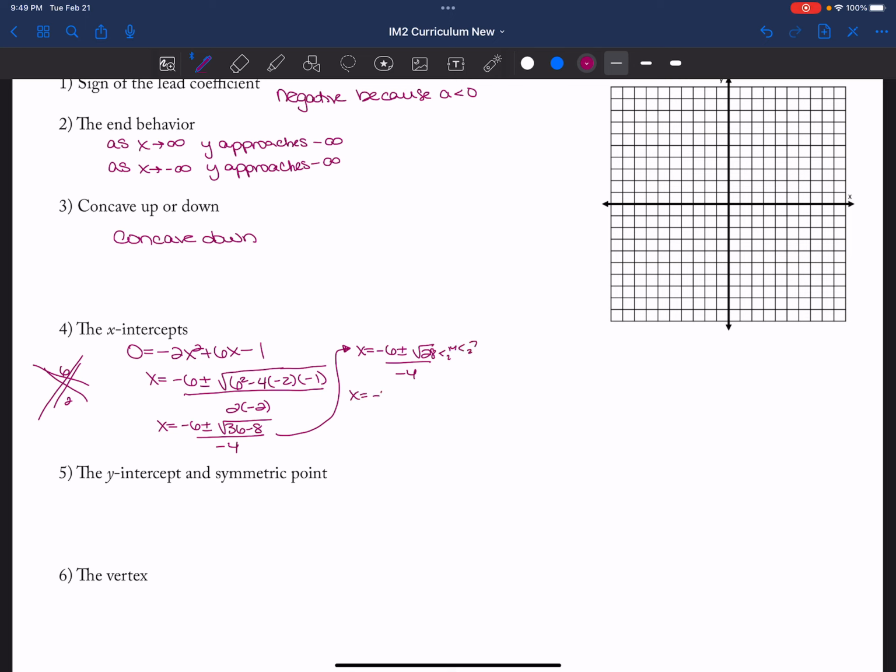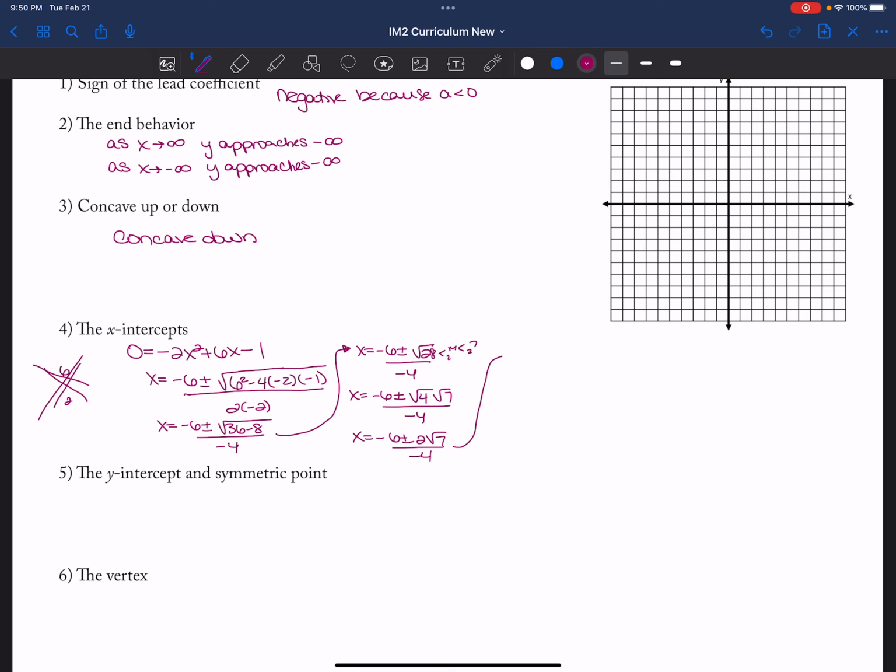So x is equal to negative 6 plus or minus root 4 root 7 all over negative 4. So x is equal to negative 6 plus or minus 2 root 7 over negative 4.